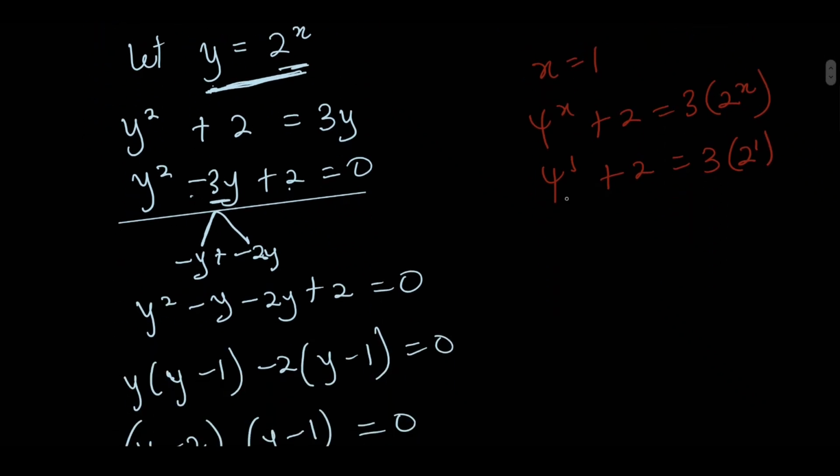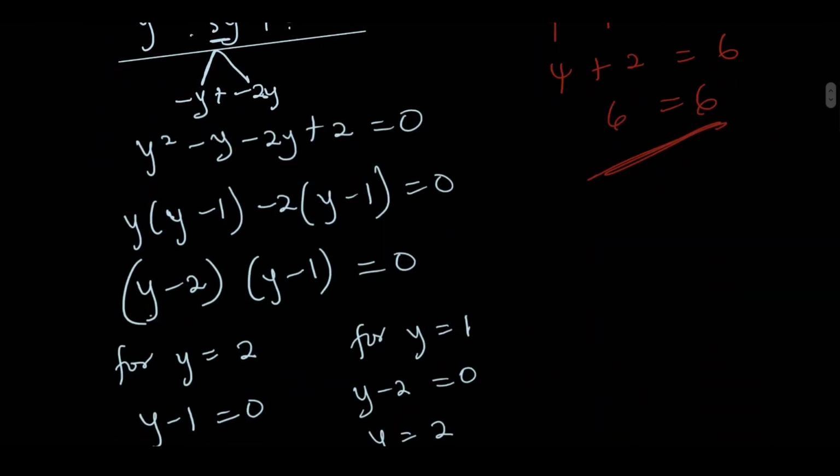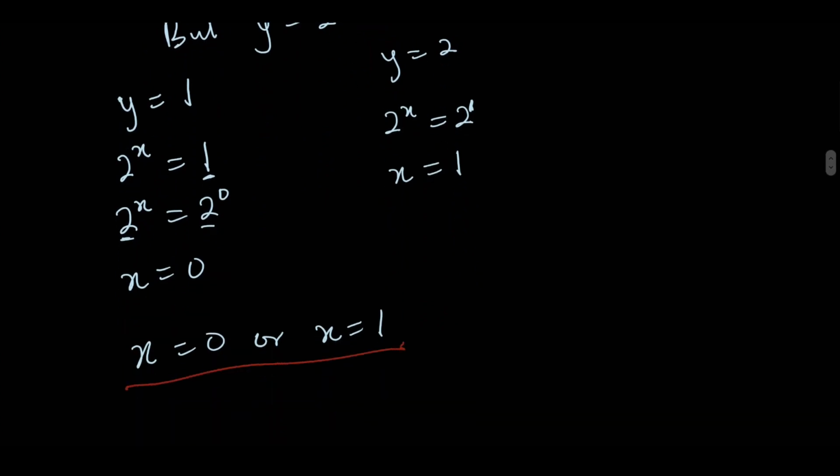So we have 4 plus 2 equals 3 times 2. You see that? So 3 times 2 is going to give us 6. So we have 6 equal to 6. So therefore verified. So the values for x for which 4 to the power x plus 2 equals 3 times 2 to the power x are x equals 0 or x equals 1.